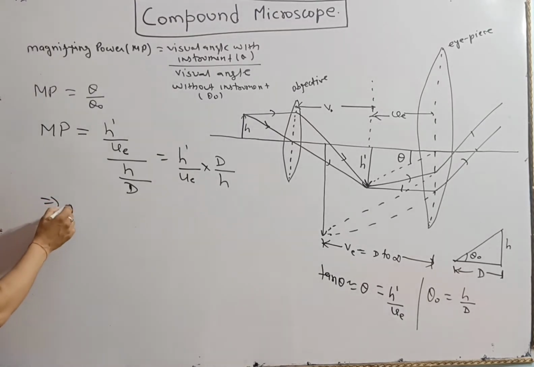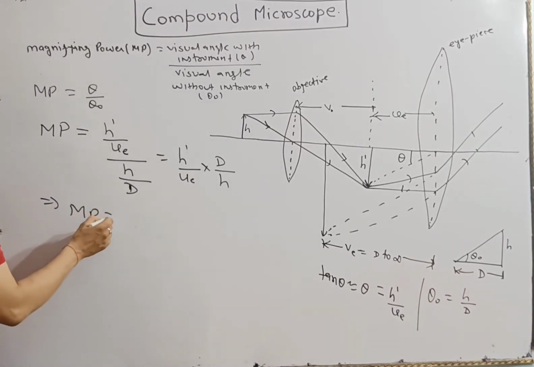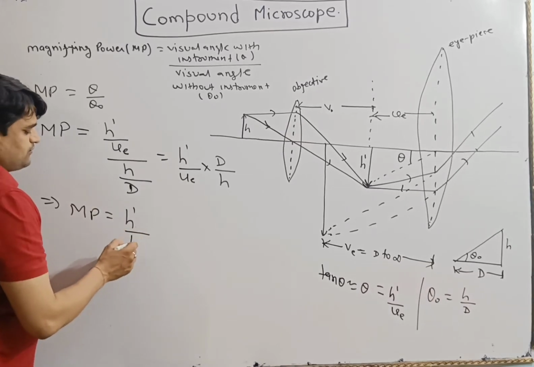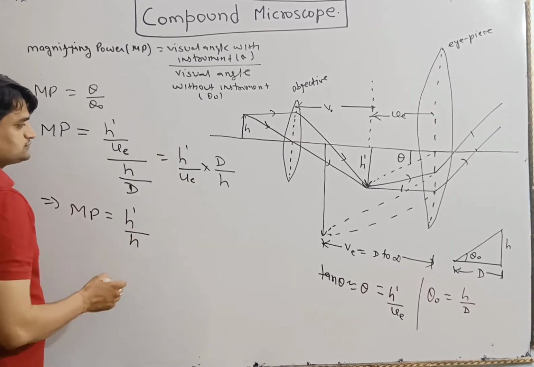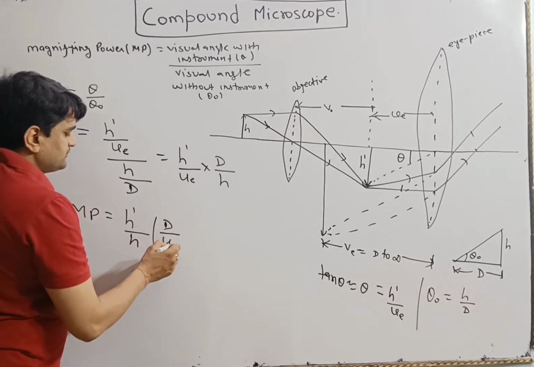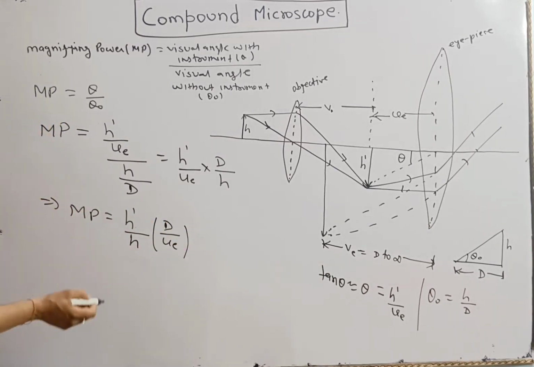Now we can write that MP equals h dash upon h and D upon UE.